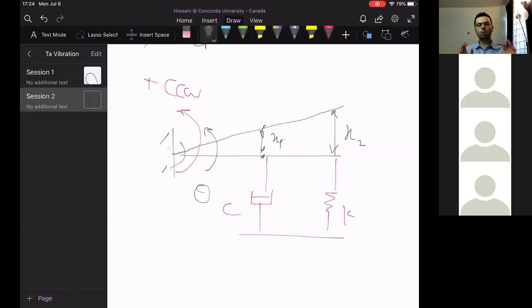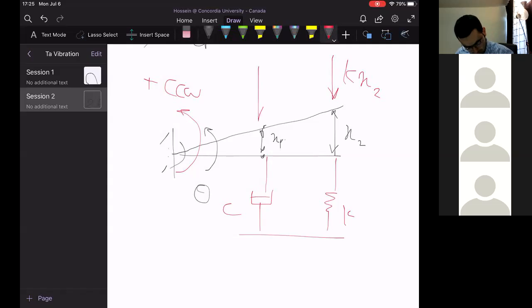As soon as you rotate the link, this spring will oppose the motion. The spring force is k x2. Apart from the spring, the damper will also oppose the motion.